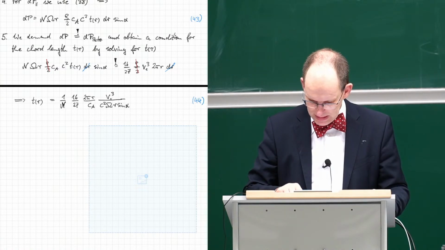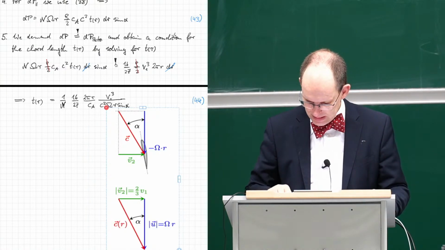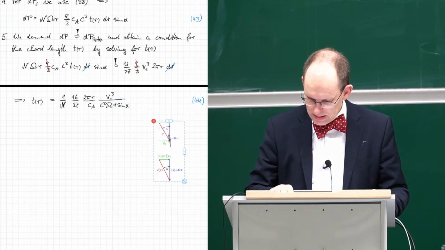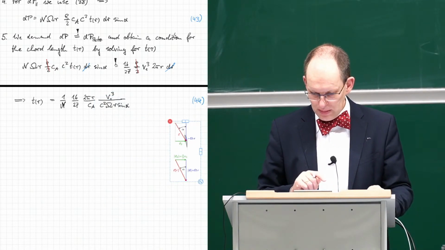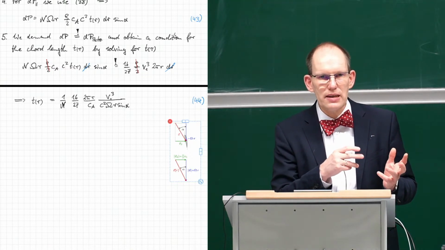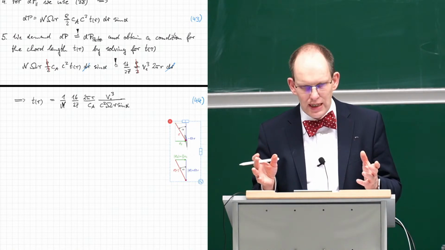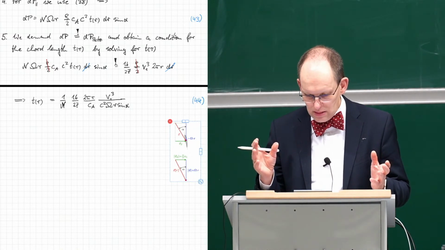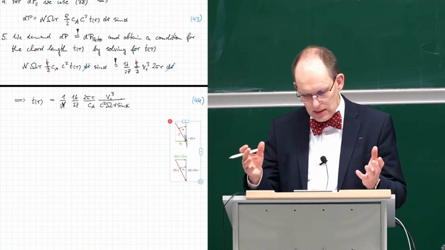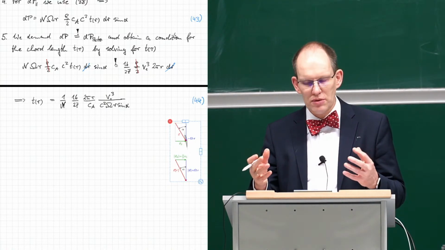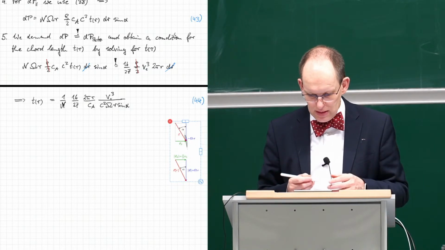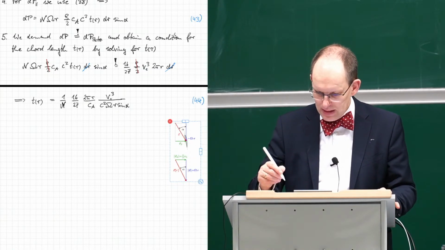Now, we want to make it dimensionless. So we want to get rid of V1 cube and c squared. So you see already, they have some connection. Omega r, sinus of alpha. So let's see.